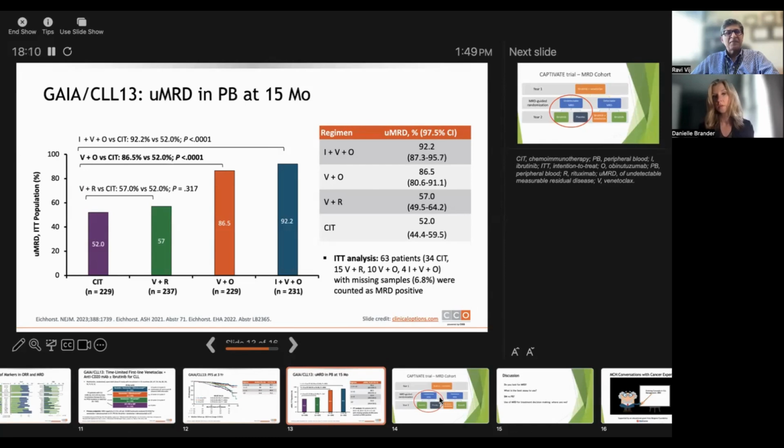And is that worth the added toxicity, cost, everything associated with adding a triplet? I think it is too early to see if adding in ibrutinib benefits most patients. And obviously not included in this trial is just the two-drug regimen of ibrutinib and venetoclax.